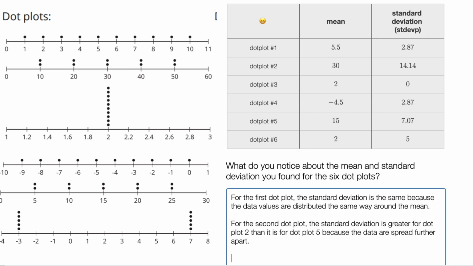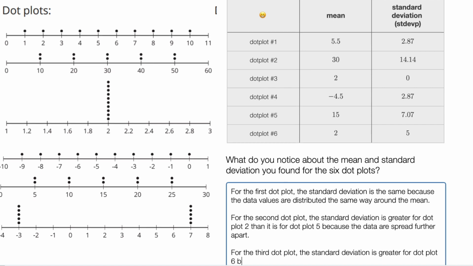And then for the third dot plot, the standard deviation is greater for dot plot 6 because there is some variation in the data.